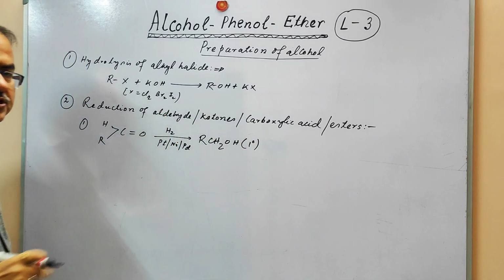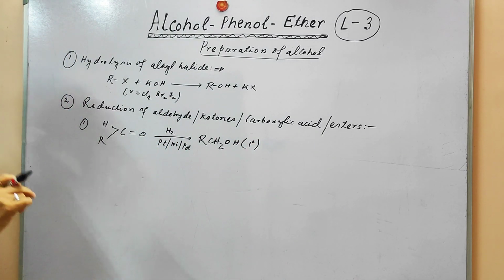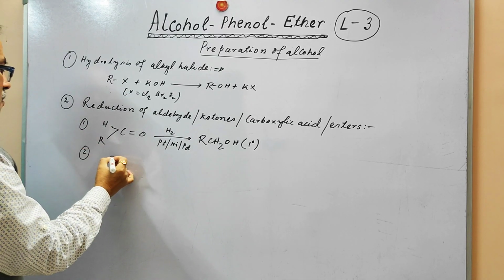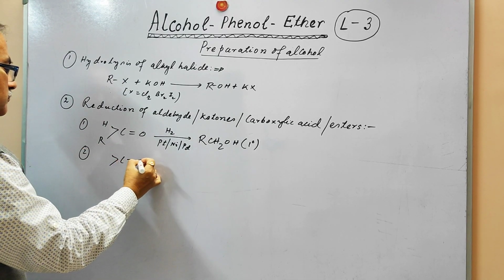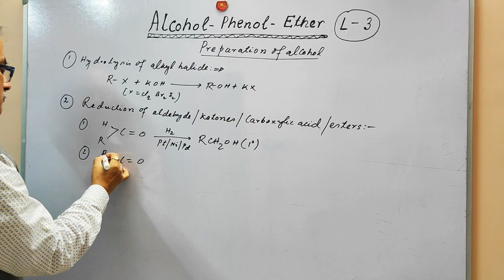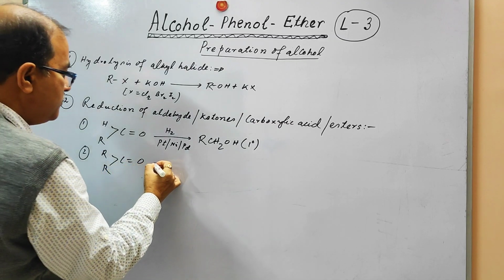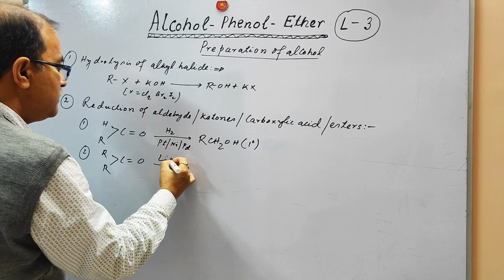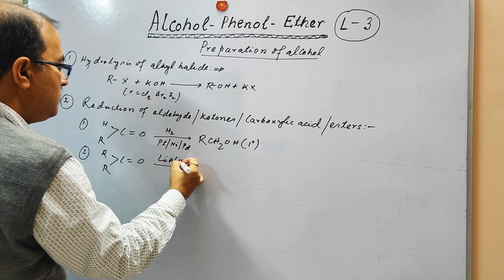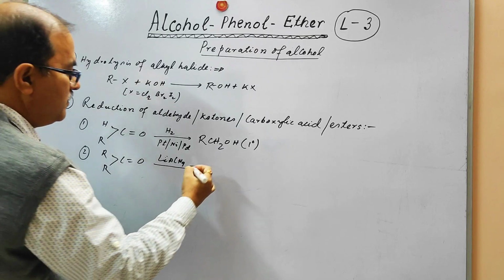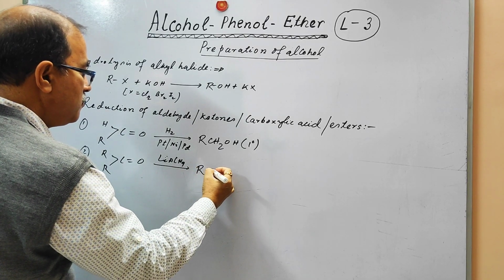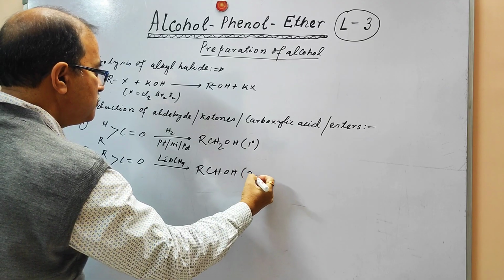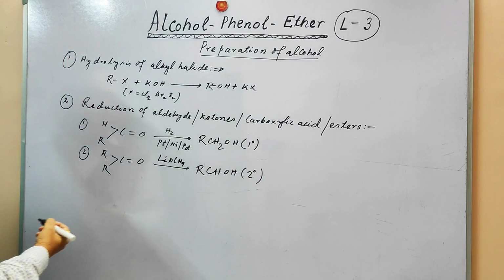And this reduction process is called the catalytic hydrogenation. Second, from the ketone. When ketone is reduced, suppose the reducing agent is lithium aluminum hydride, at that time it is going to prepare the alcohol, which is 2 degree alcohol.